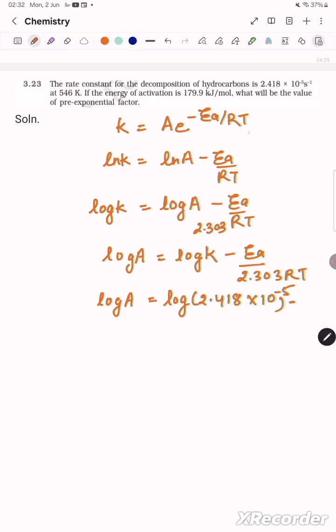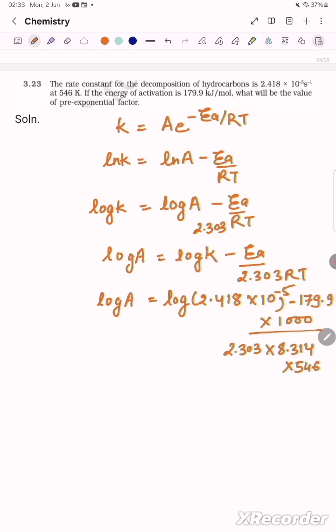What is the Ea value? 179.9 kilojoule, so 179.9 multiplied by 1000 because it is in kilojoule, divided by 2.303 multiplied by R, that is gas constant 8.314, multiplied by temperature. How much is the temperature? 546.